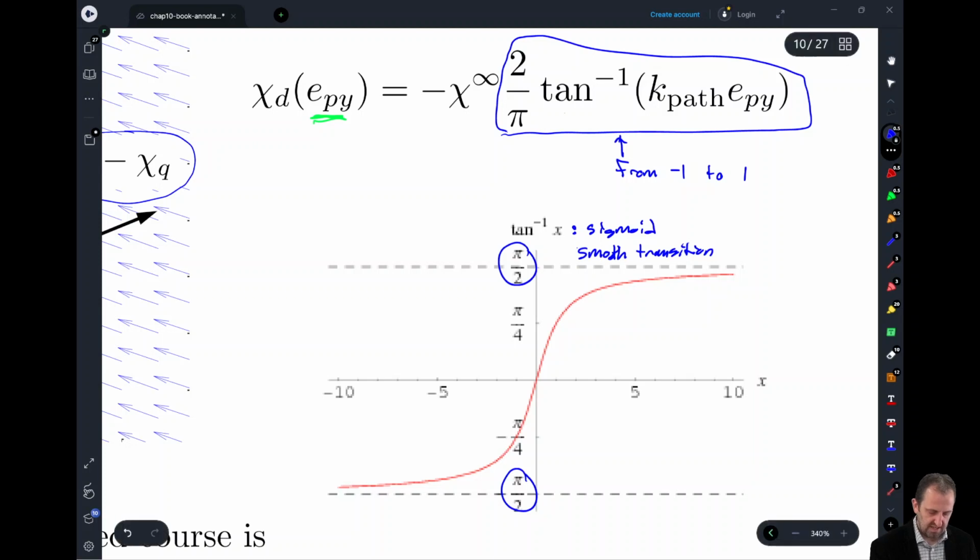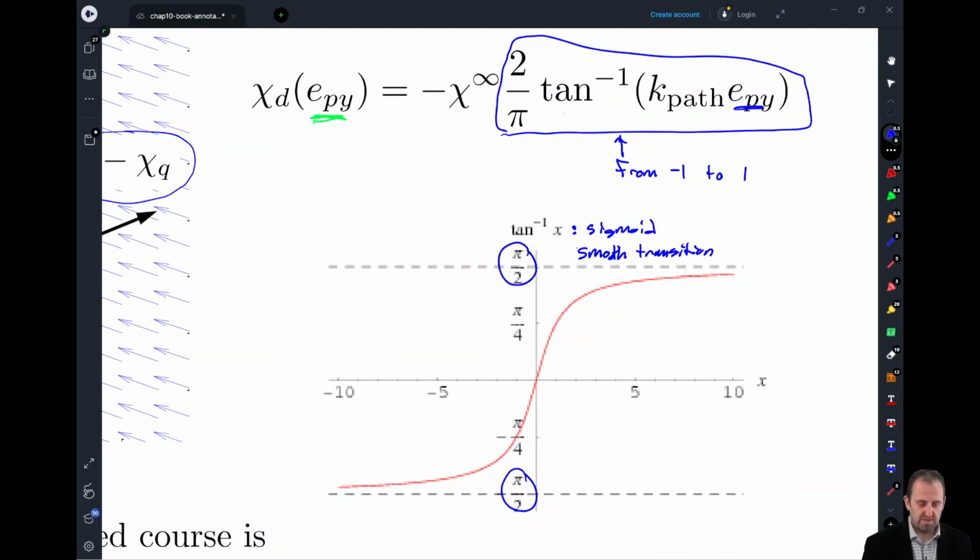Because at its extreme, it'd be 2/π times π/2. So go from -1 to 1. If you're really far away, this function will go from -1 all the way up.